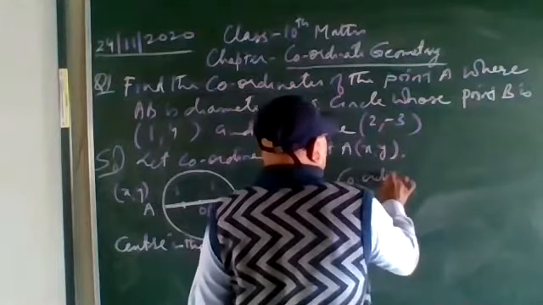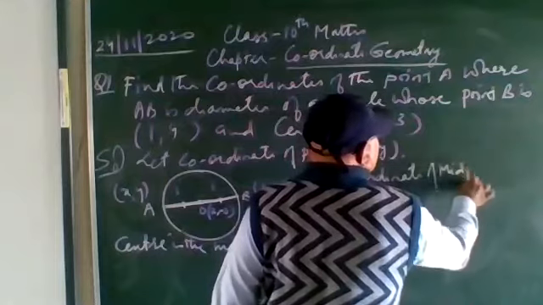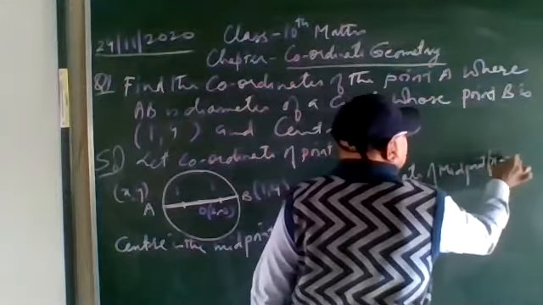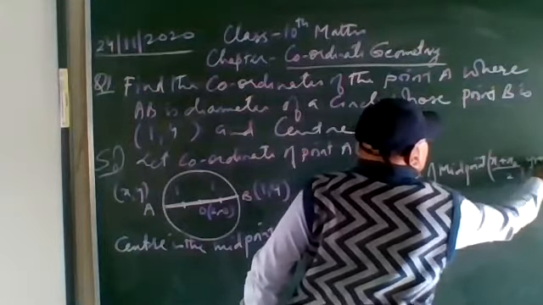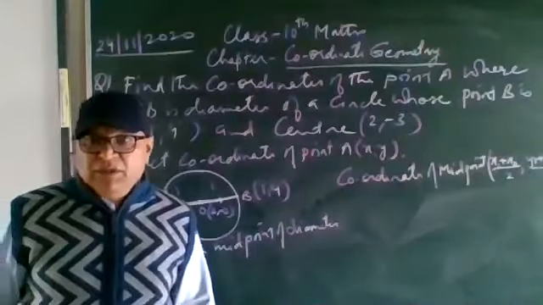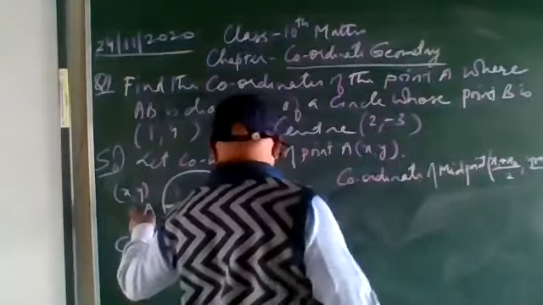Coordinate of midpoint is (x1 plus x2) upon 2, (y1 plus y2) upon 2.